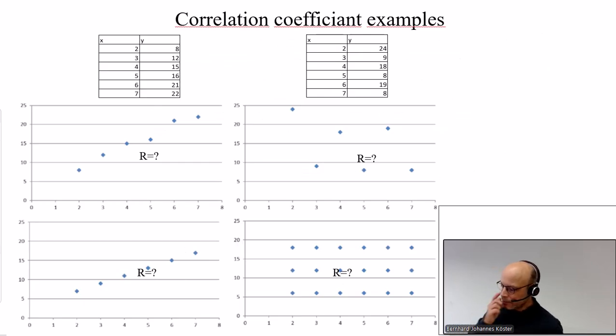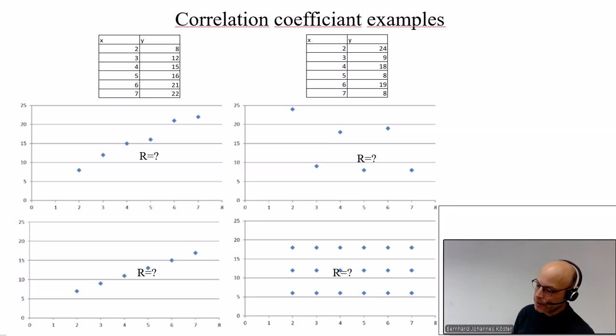Okay, and to talk a little bit more about this, let's start again with some data sets. What do you think would be your r squared, or your r, if you are looking at this data set here?